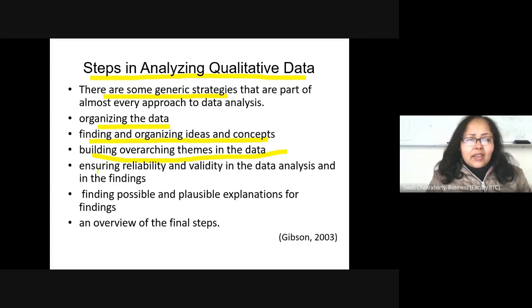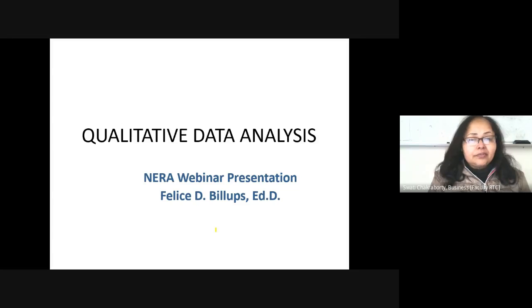Then start ensuring the reliability and validity of the data analysis and the findings. After that, try to find the possible and plausible explanations for findings. And then finally, an overview of the final steps. So the next topic that we have is qualitative data analysis.